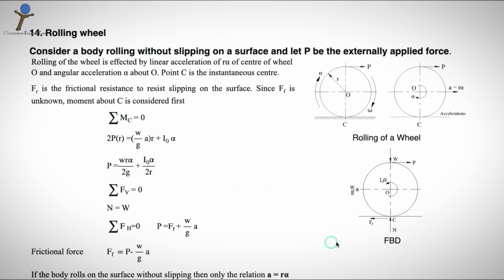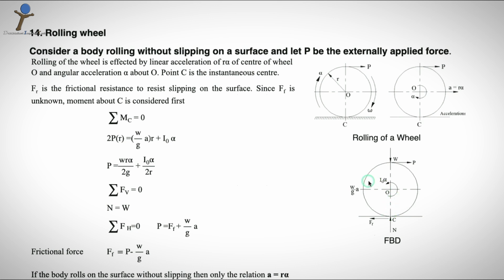That means take the moment of all the forces about this point C. So what are the forces that contribute to the moment? P contributes to the moment about C. W does not have any moment about C, as it is acting on the same line of action, so the distance is 0.